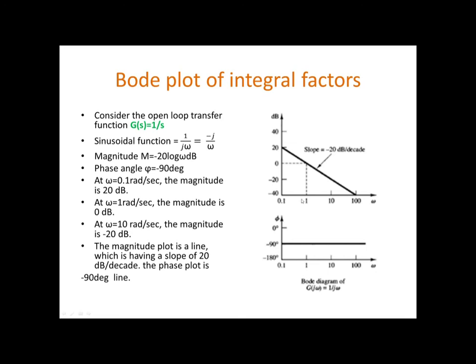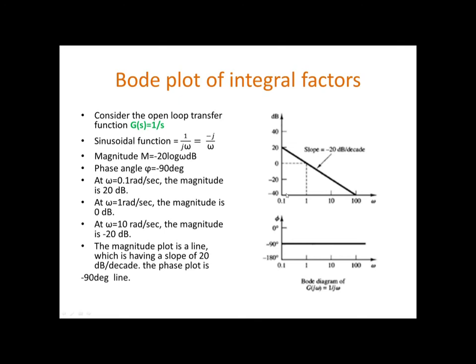So this distance represents 1 decade, and here omega is varying from 0.1 to 1000 or 100 or so on. And in the y-axis the magnitude in dB is represented, and this is the reference 0 dB line, and from that there is plus 20 dB, plus 40 dB, this one is minus 20 dB and this one is minus 40 dB.